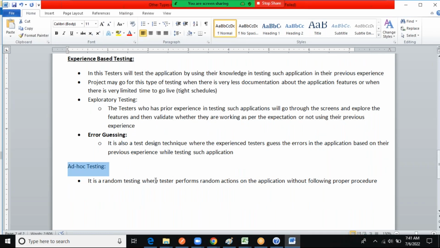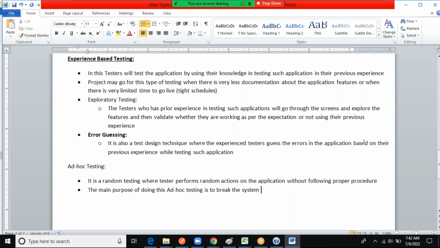It's random testing where the tester performs random actions on the application without following any proper procedure defined in the requirements. When I say random actions, the main purpose of doing this ad hoc testing is to break the system.